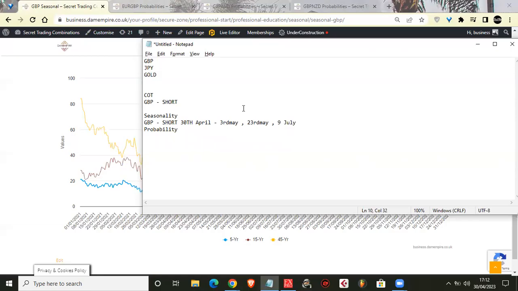I'm just making that clean. Okay. So we could exit either on the 3rd, the 23rd, or the 9th.